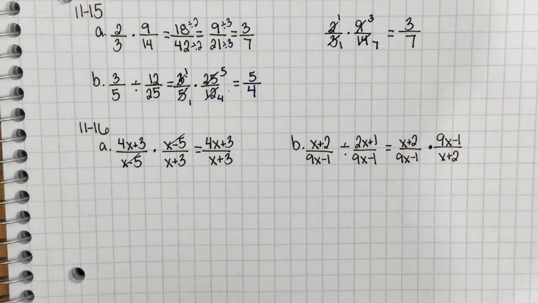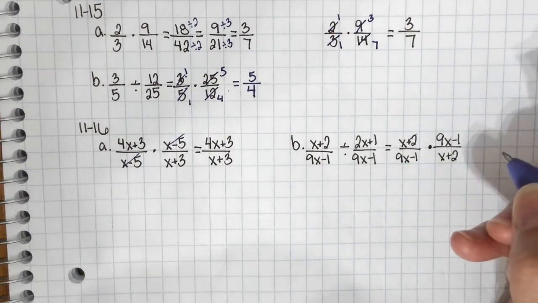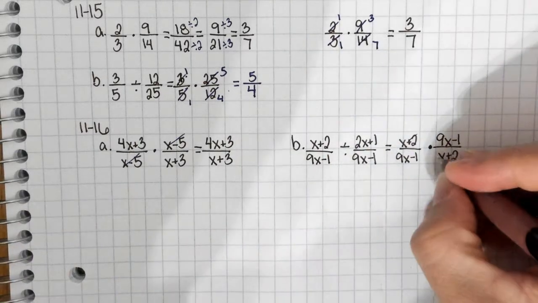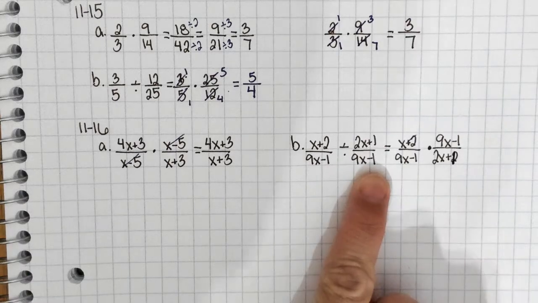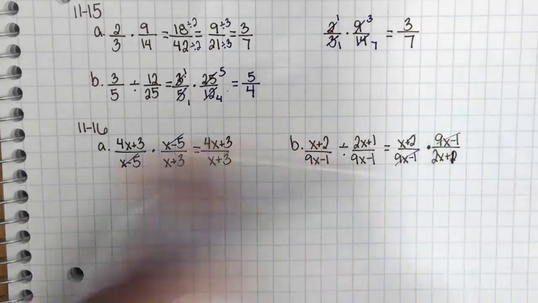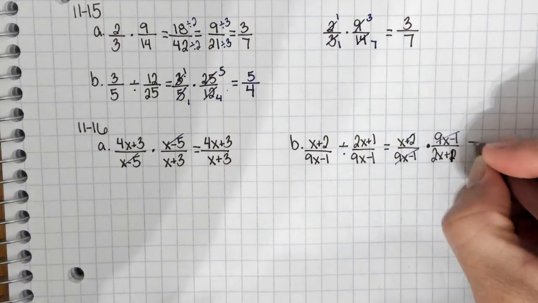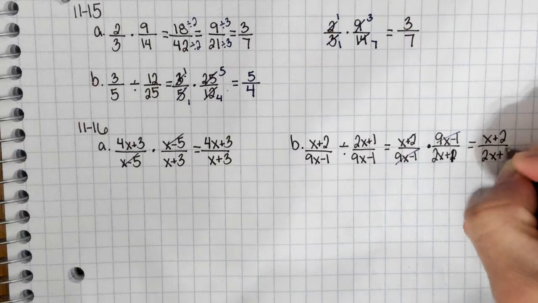Sorry, I copied that down wrong, this is 2x plus 1. If I flip this second fraction, I have 9x minus 1 and 9x minus 1, so I end up with x plus 2 over 2x plus 1.